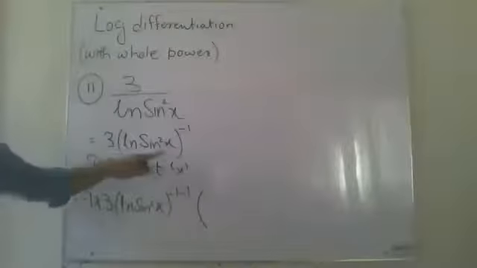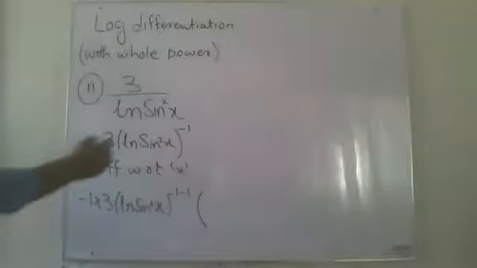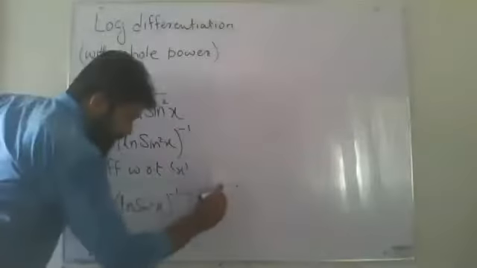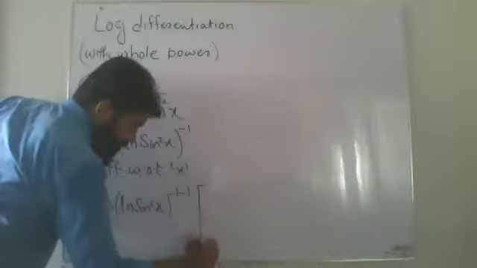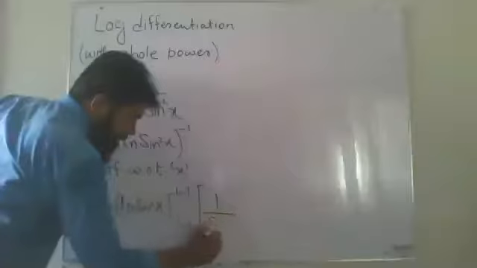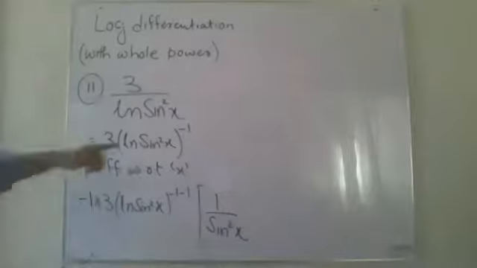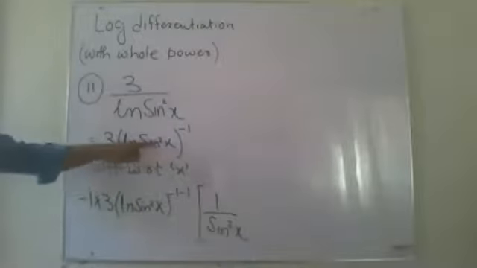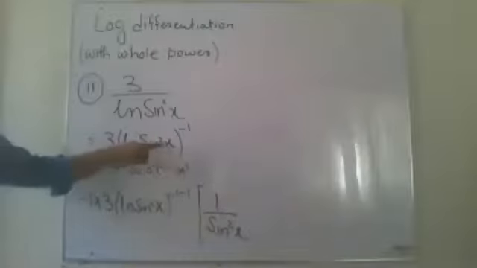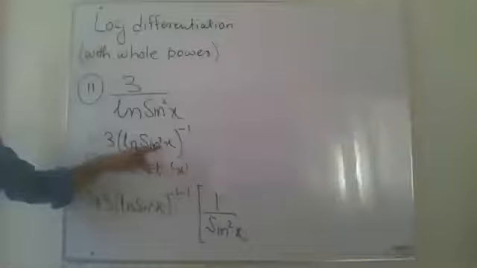Okay, so ln sine square x. First of all, it will become 1 over sine square x. After that, differentiation of sine square x. There is a whole power on sine, the square is there.